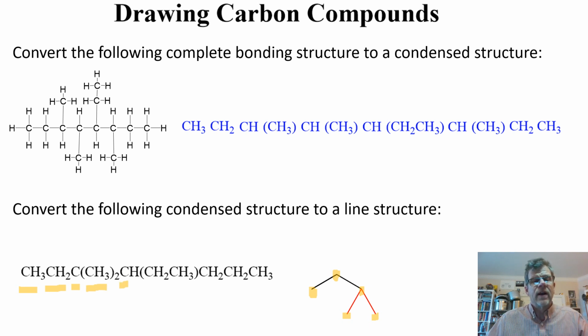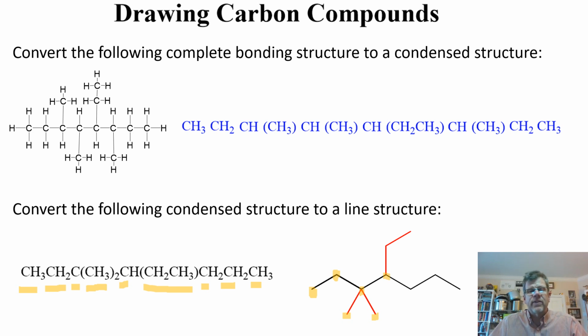That is a carbon, a CH, connected to a branch of CH2CH3. Again, that CH2CH3 I've put in red. Following that, we have a CH2, CH2, CH3, which is bend, bend, end, to finish out that structure.